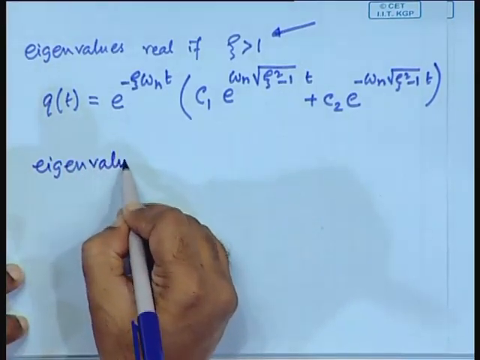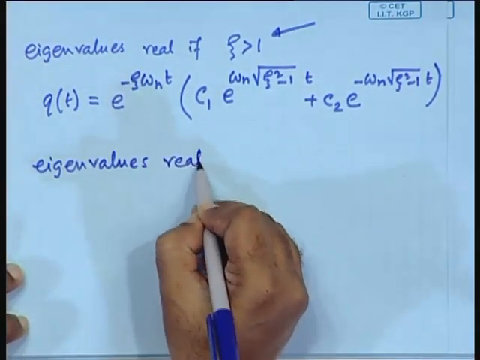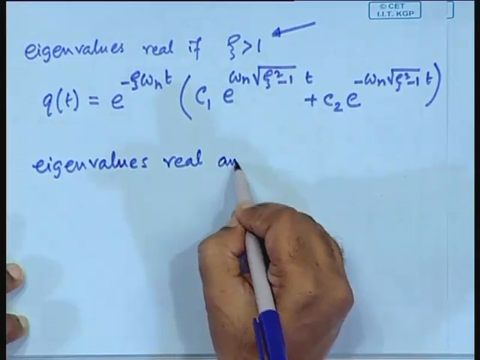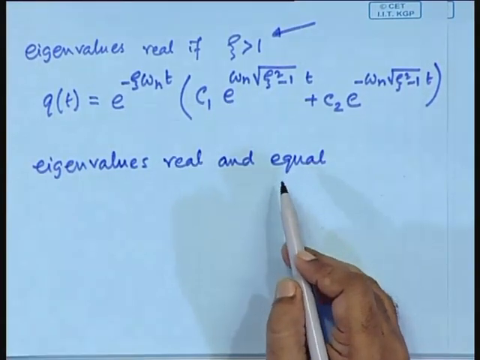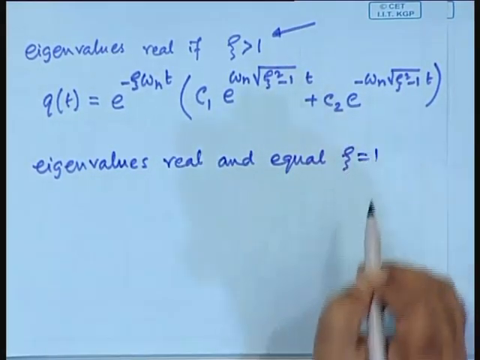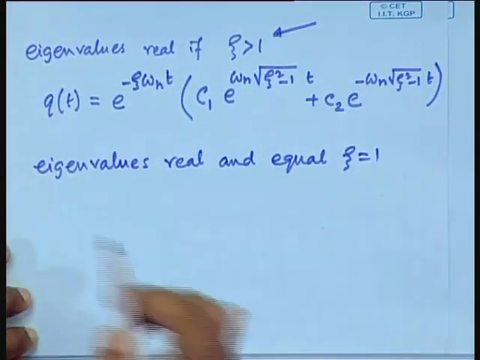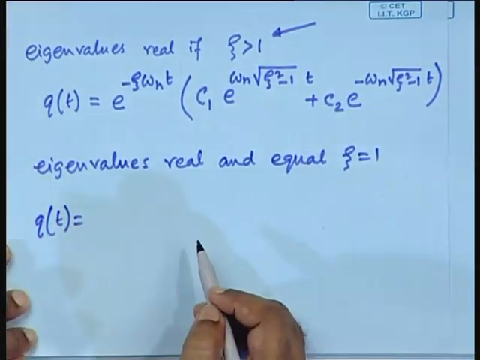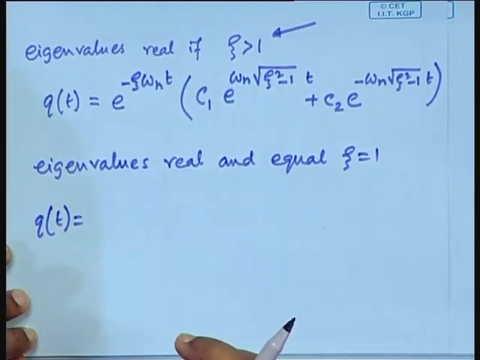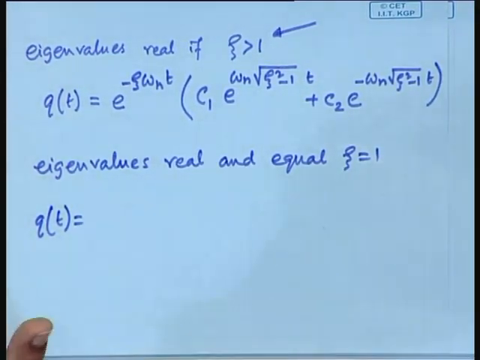Okay, let us consider second the real and equal, then we will consider the complex conjugate. When does that happen? Zeta is equal to 1, that is a critical case. Then the solution will be, you have already learned that, q t is equal to, there are two components.